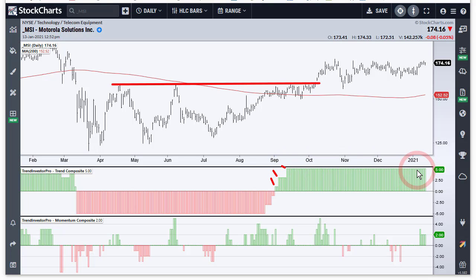All 5 indicators are on bullish trend signals. And then we can see this triangle consolidation forming. And that's really what this trend indicator does. It tells you when to look for bullish continuation patterns and when to expect a bullish resolution. And if I look at this, we had a big advance, a consolidation, and now we're breaking out of that triangle, and I think that is a bullish configuration.